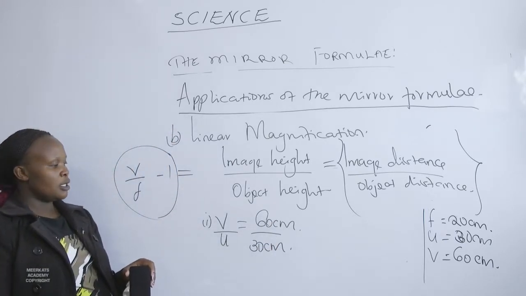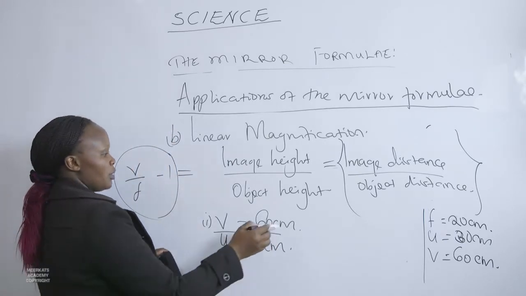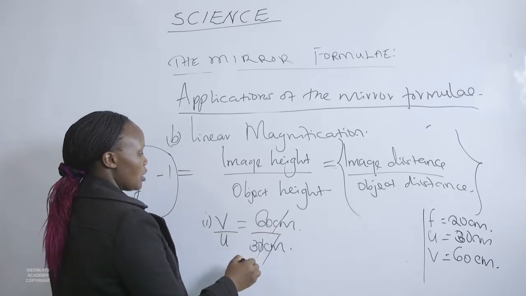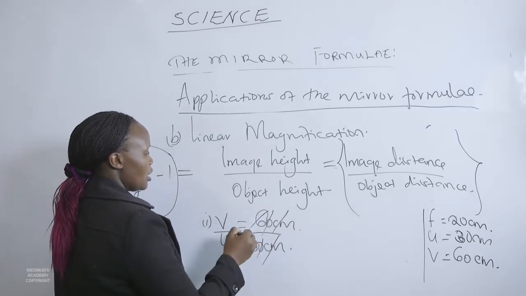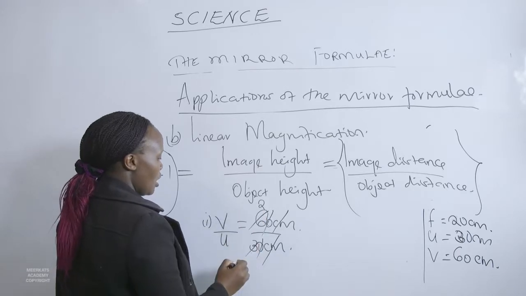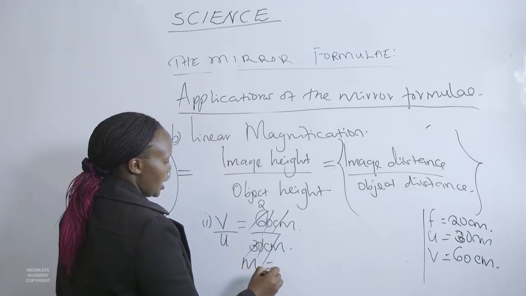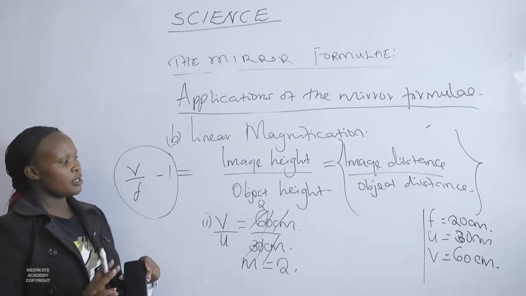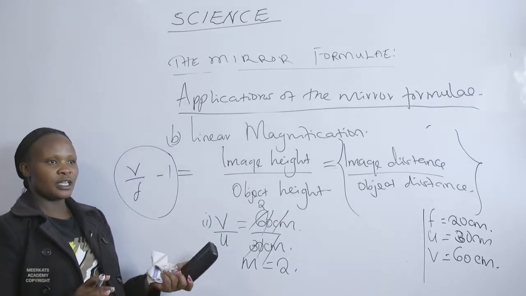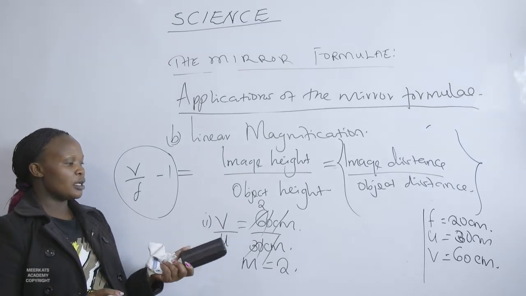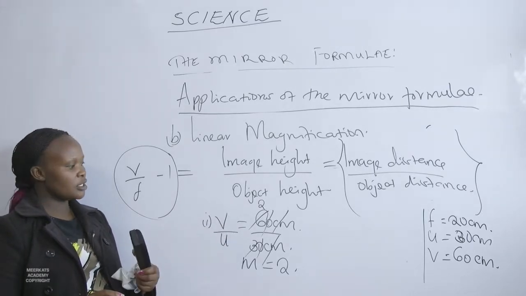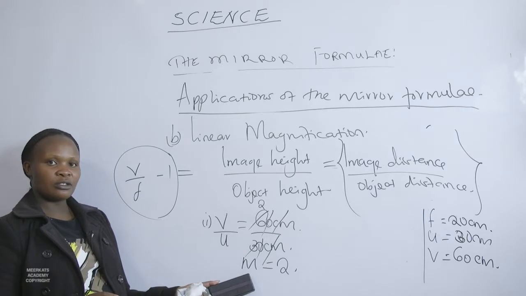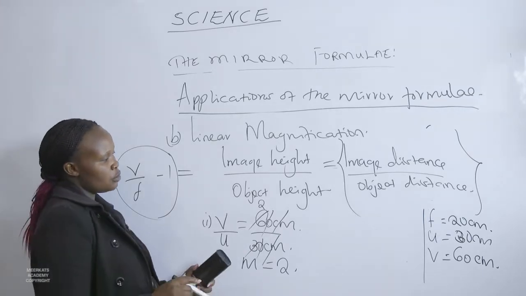Now, let us cancel where possible, so that now we have our magnification as 2. Now that is the first method, that we have taken the image distance, we have divided by the object distance, so that magnification now becomes 2.